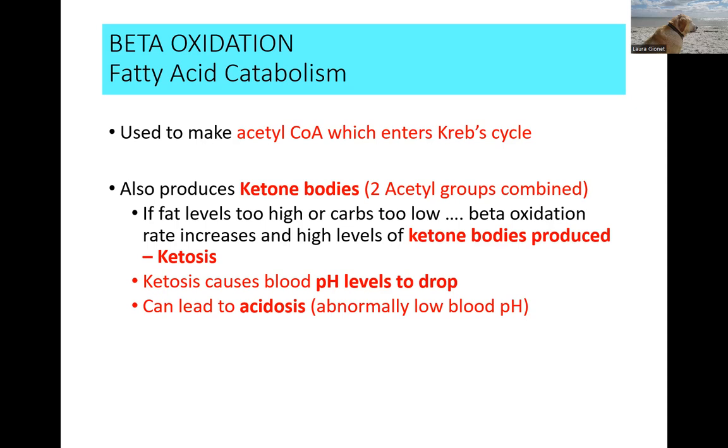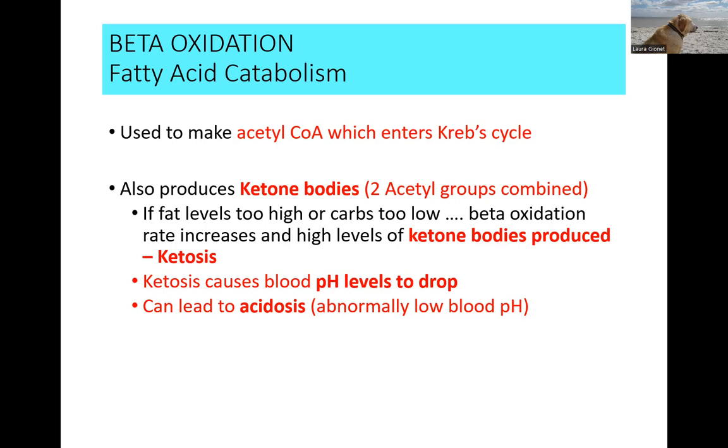Right? If fat levels are too high or carbs too low, beta oxidation rates increase and high levels of ketone bodies are produced. That can cause what's called ketosis. Ketosis causes blood pH levels to drop and can lead to acidosis, or ketoacidosis, abnormally low blood pH. Okay, so when you're burning these fats, you're ultimately going to produce these keto acids.